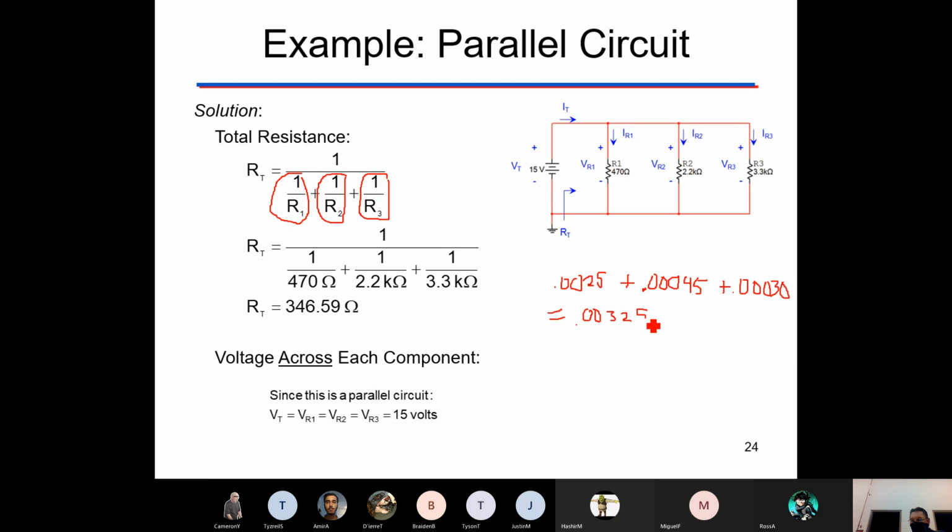That sounds right. Okay, so now you have this number right here, and this number goes right there. So you're going to take 1 over that number to get your resistor value.